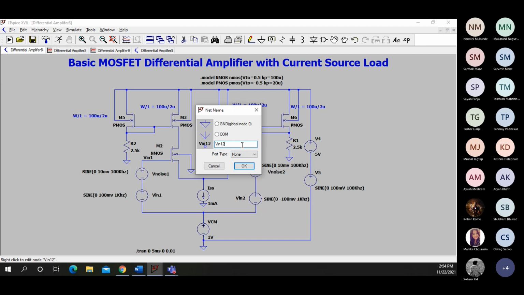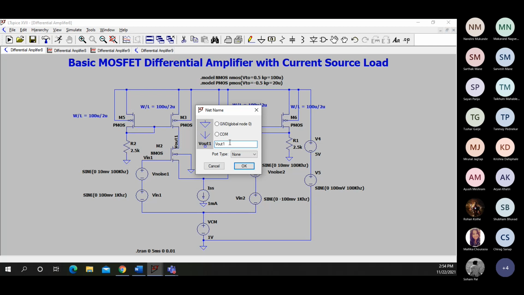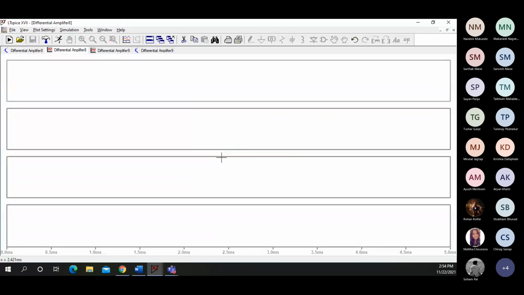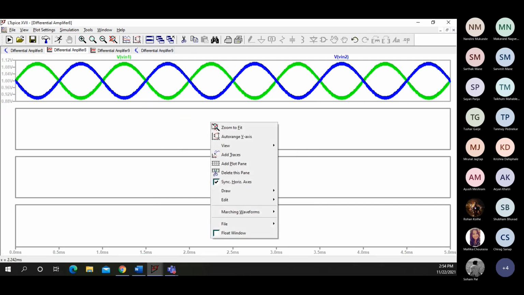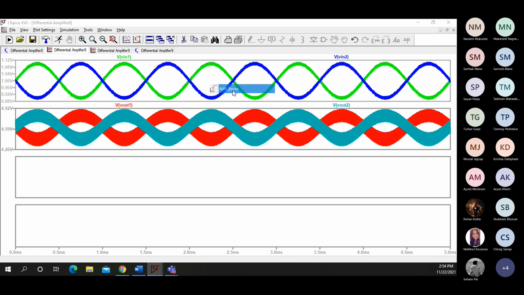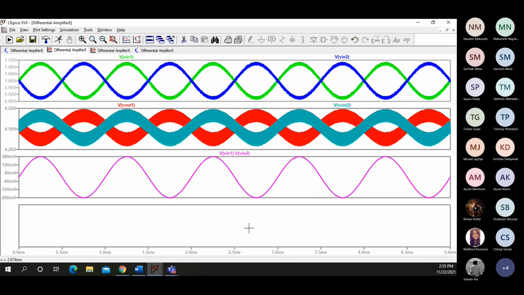V in 2. This is V out 1, V out 2. Here you can plot the difference.